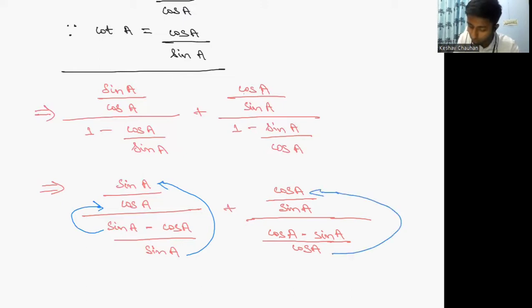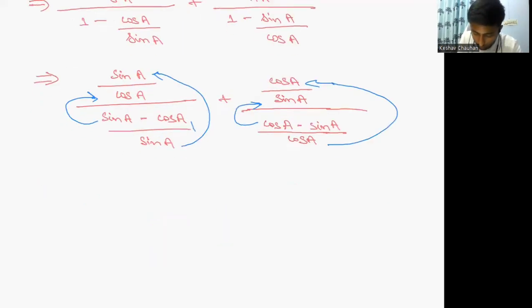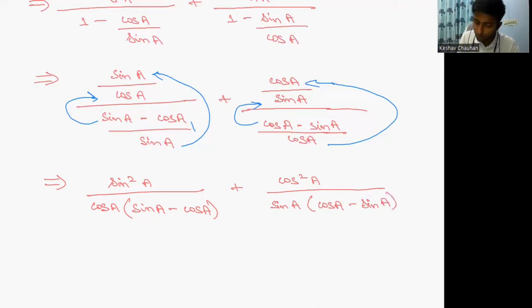So it would become sin square A upon cos A into sin A minus cos A, plus cos square A upon sin A into cos A minus sin A.